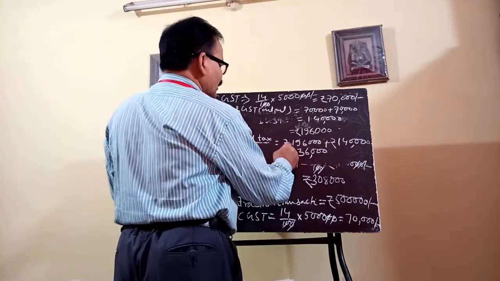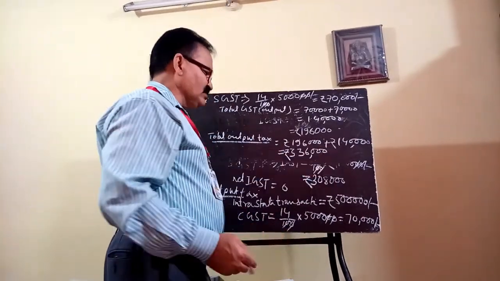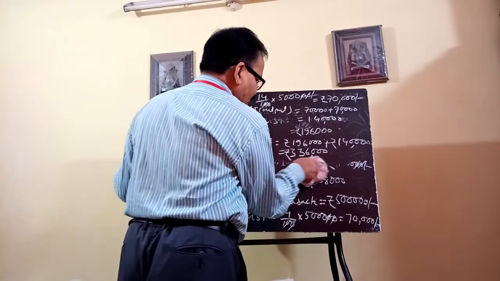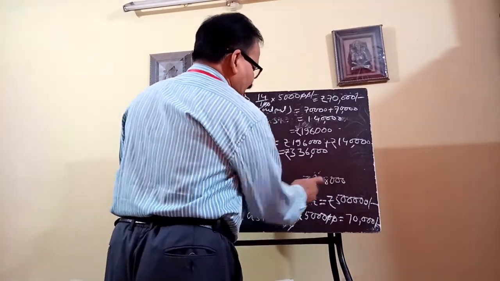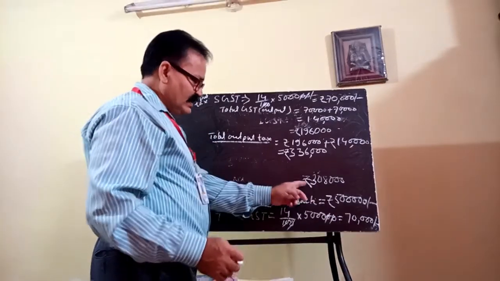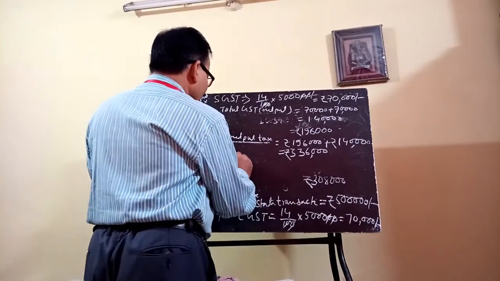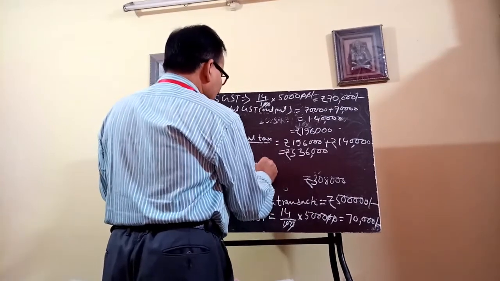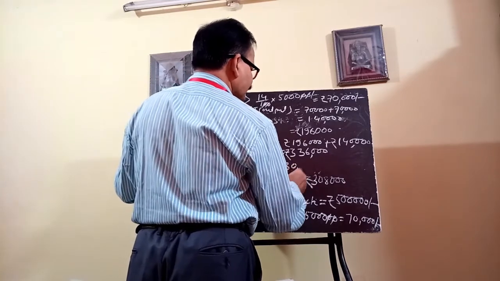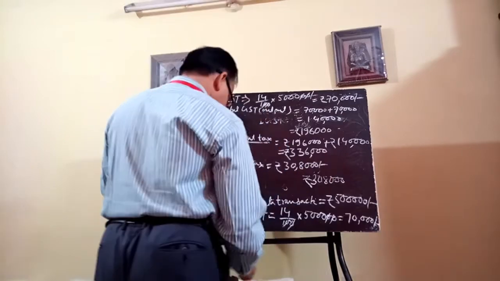So this much is your total output tax, 3,36,000, and your input tax credit, because while receiving the goods he has paid, is rupees 3,08,000.